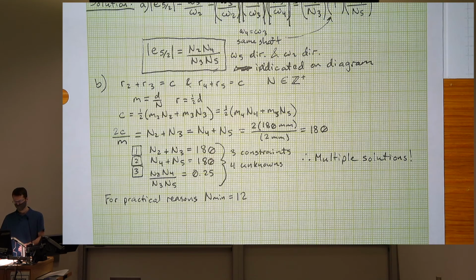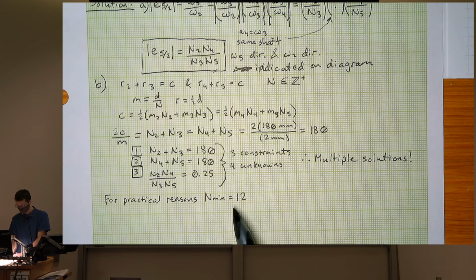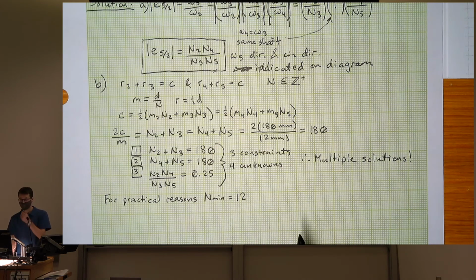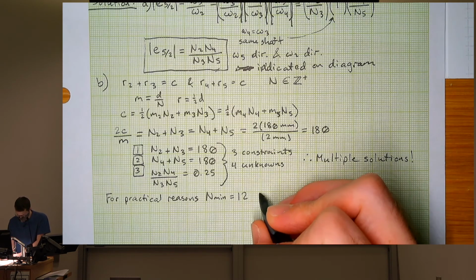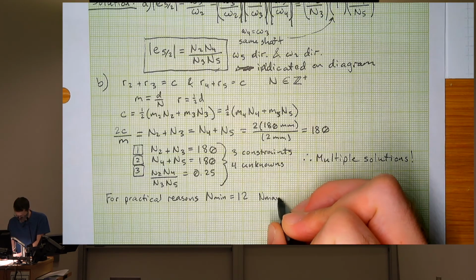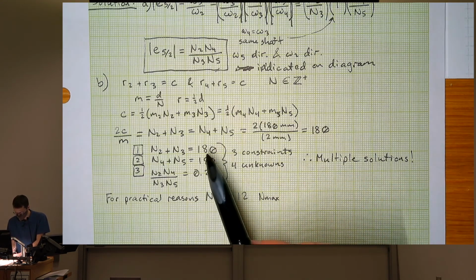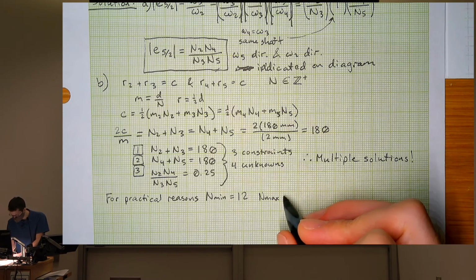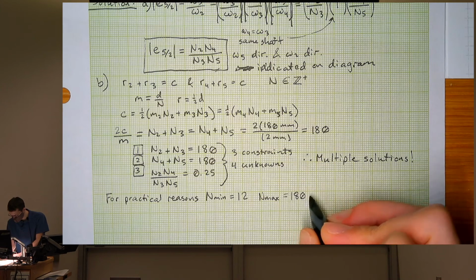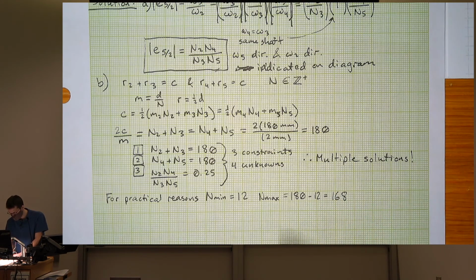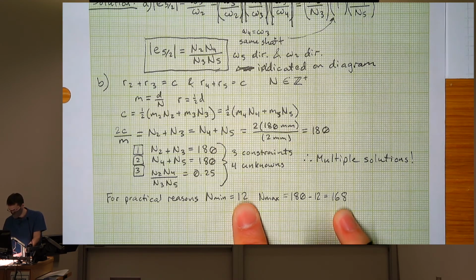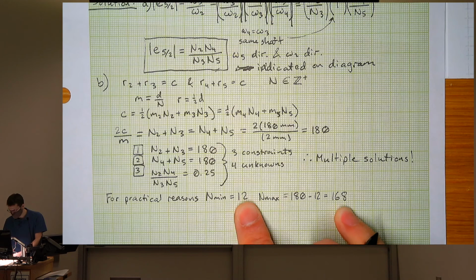And that's the case in the homework. But if it's not told to you, 12 or 10 is a pretty safe assumption for the minimum number of gear teeth. So in that case, we know that our maximum number of gear teeth on any of these gears, since the sum has to be equal to 180, is going to be 180 minus 12, which is equal to 168. So we can arbitrarily choose any number between 12 and 168 for our gear teeth.